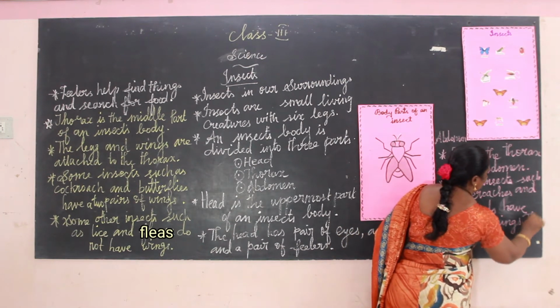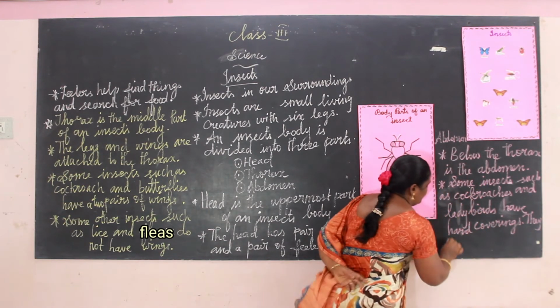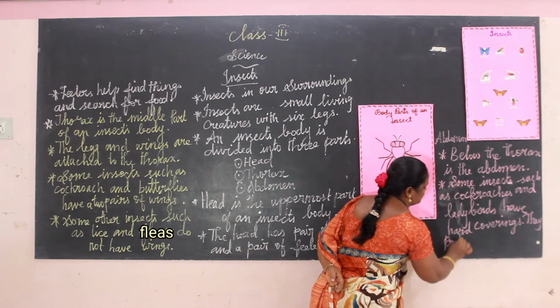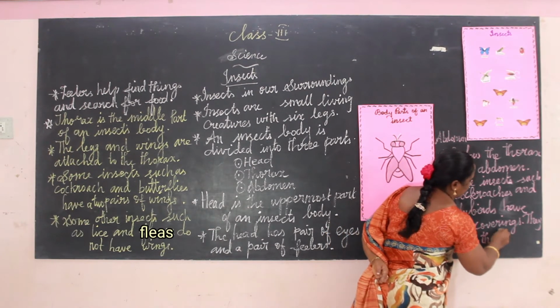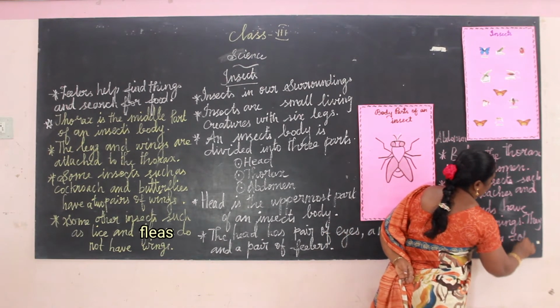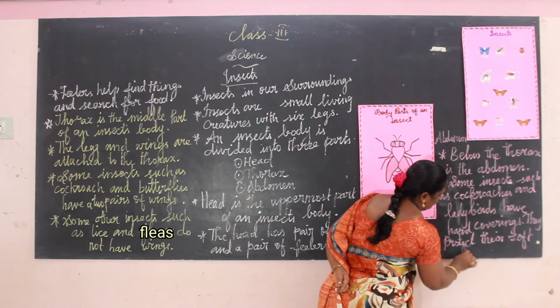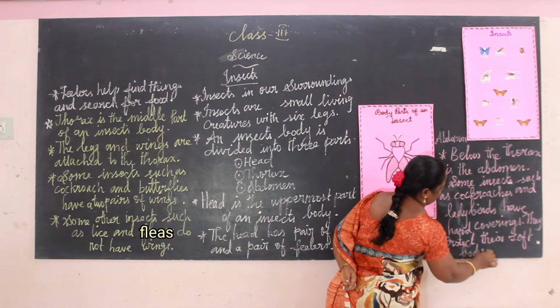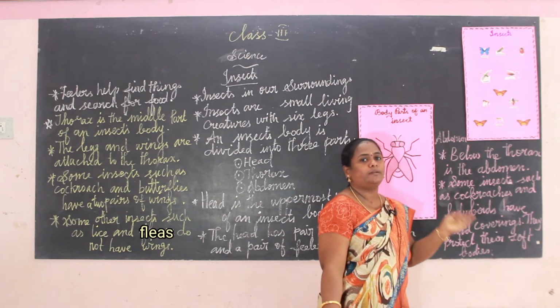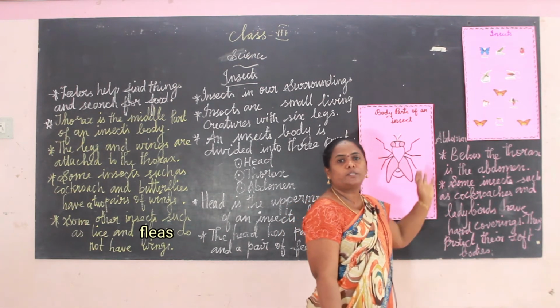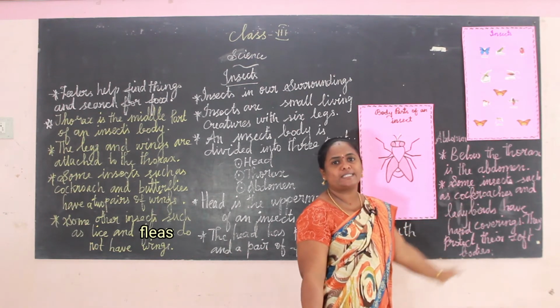They protect their soft bodies. And another point, the abdomen is the largest part of an insect's body.